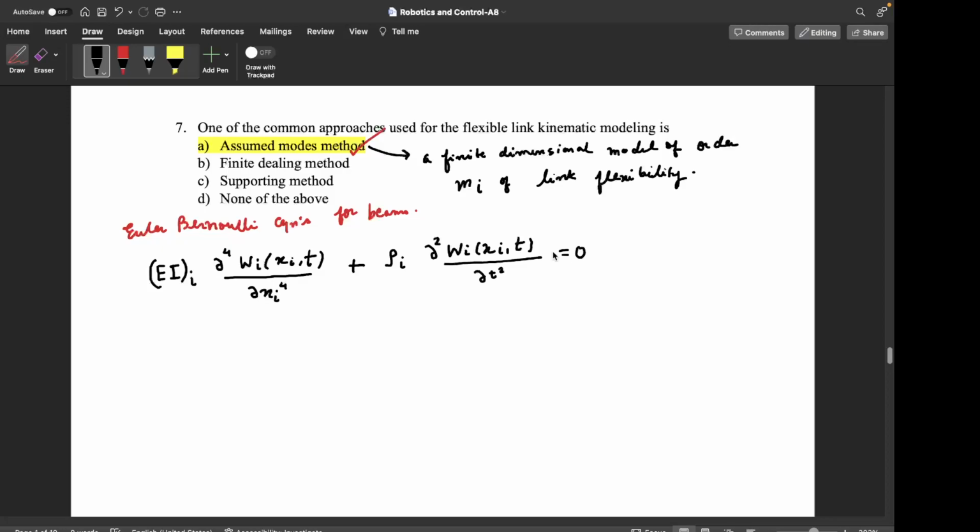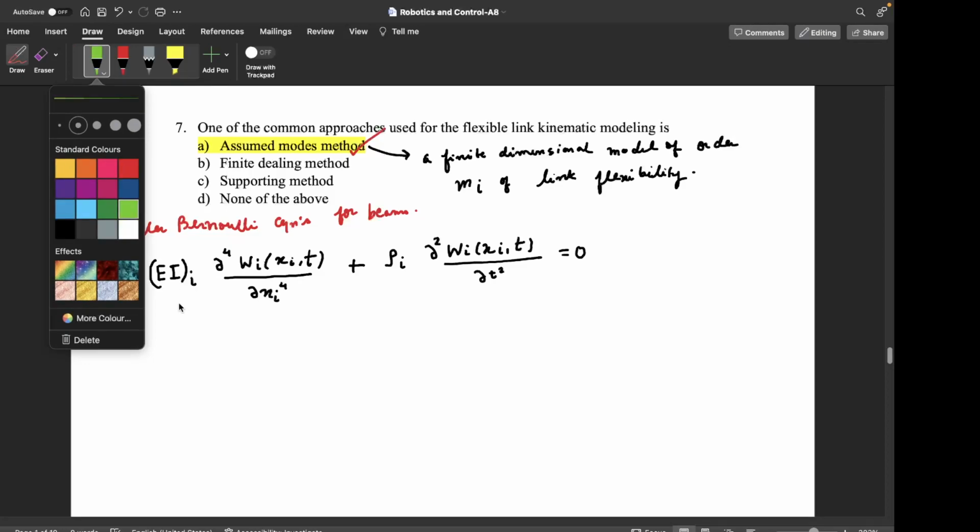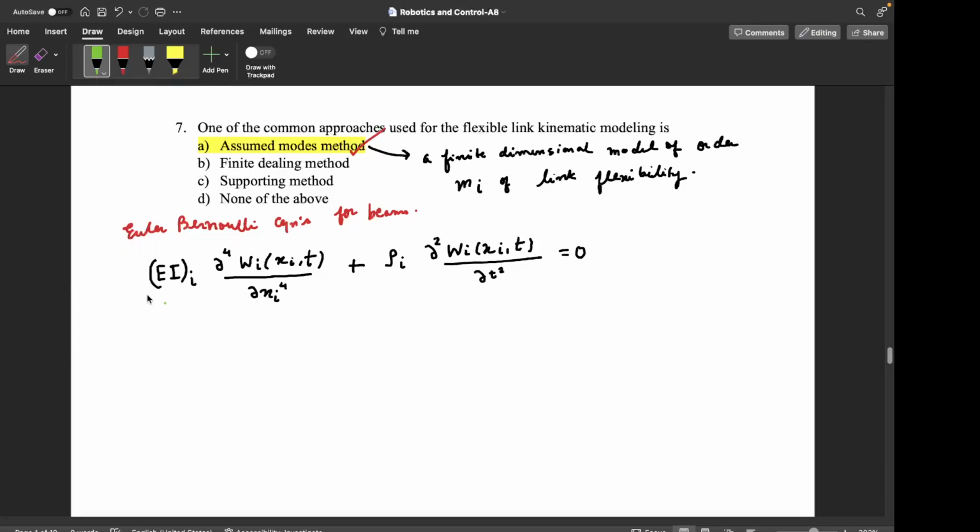So what are these terms? This first term here is what we call the flexural rigidity, a very common term appearing in deflection of beams.